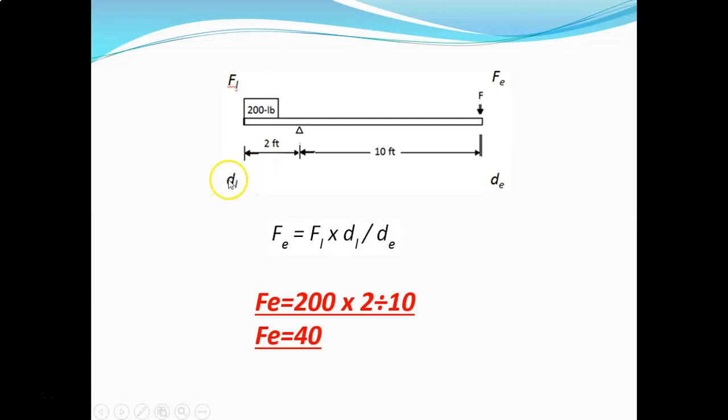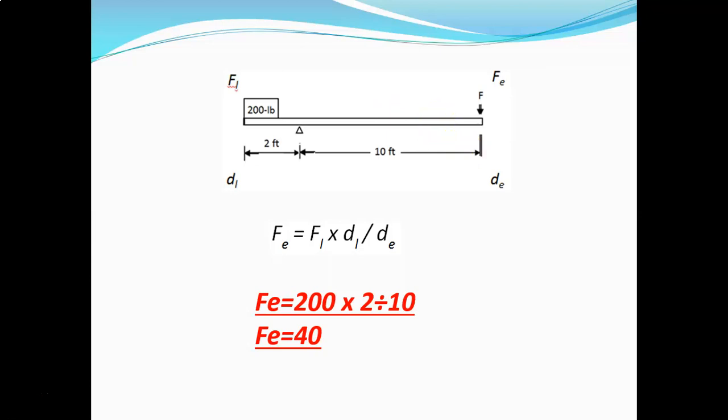Our next given is 10 feet, and that's our DE, the distance of the effort. The effort is what we're applying. What we're trying to find here is Fe, the force of the effort. How much force do we need to apply to lift that 200-pound box?